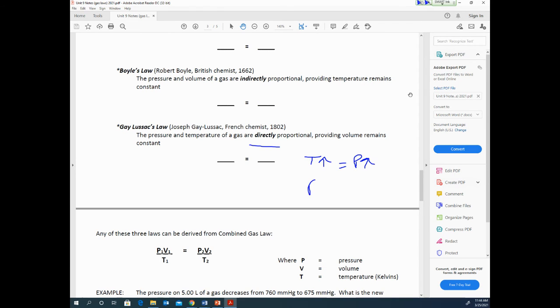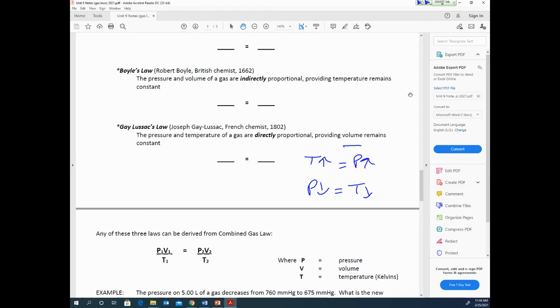If pressure goes down, then temperature went down. Those go hand in hand as long as the volume is kept the same: temperature and pressure go up together, and go down together.